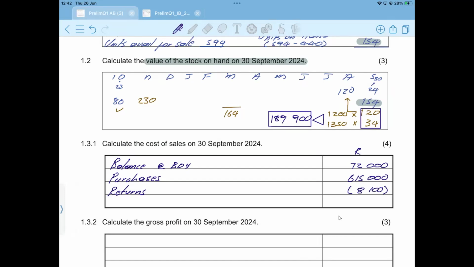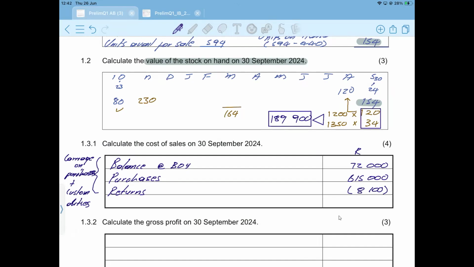And then you will normally add things like your carriage on purchases, custom duties or import duties, and then you minus the returns.